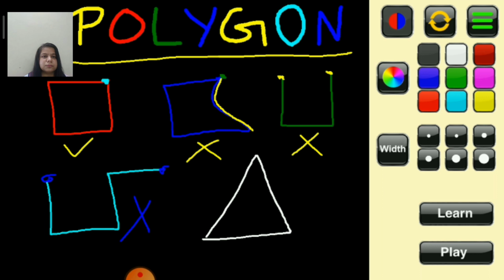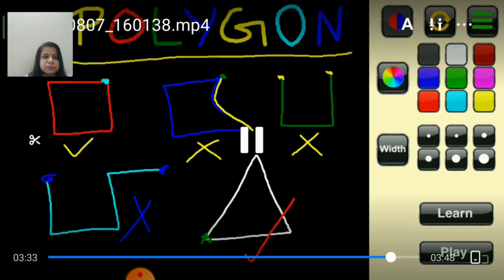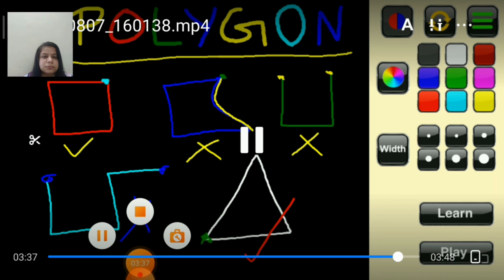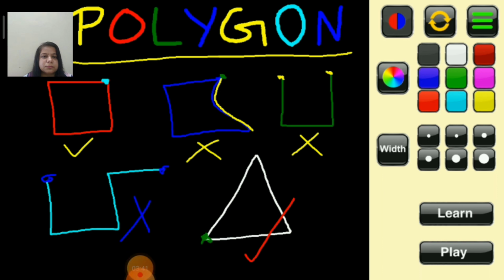Is it closed? Yes, of course closed because starting and ending points are the same. Is it entirely made up of line segments? Yes. So this is a polygon. This was all about how you can check whether the given curve is a polygon or not. Three things you need to check: simple, closed, and entirely made up of line segments.